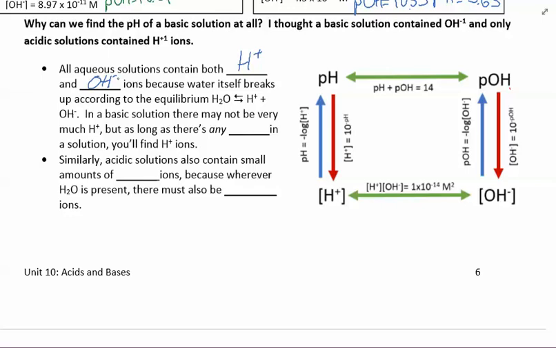So in a basic solution there may not be a lot of H, but as long as there's any water in your solution, you're going to find some hydrogen ions. Similarly, acidic solutions also contain small amounts of hydroxide ions because whenever water is present, there must also be the hydroxide.